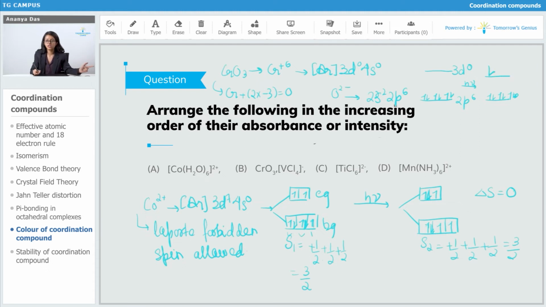Now this is Laporte allowed because the transition is happening from p to d. So delta L is equal to 1. So it is Laporte allowed, it is spin allowed also. If you calculate, you will be able to see it is spin allowed also. So CrO3 is Laporte allowed as well as spin allowed.